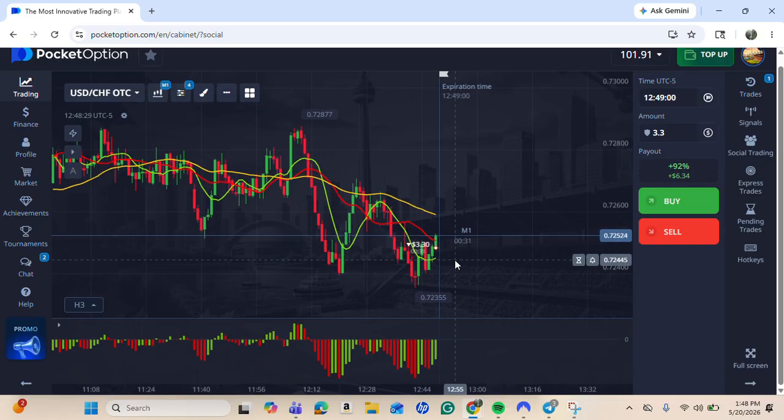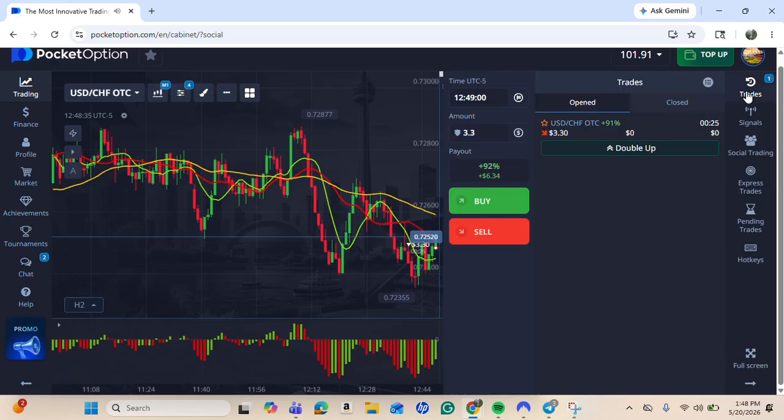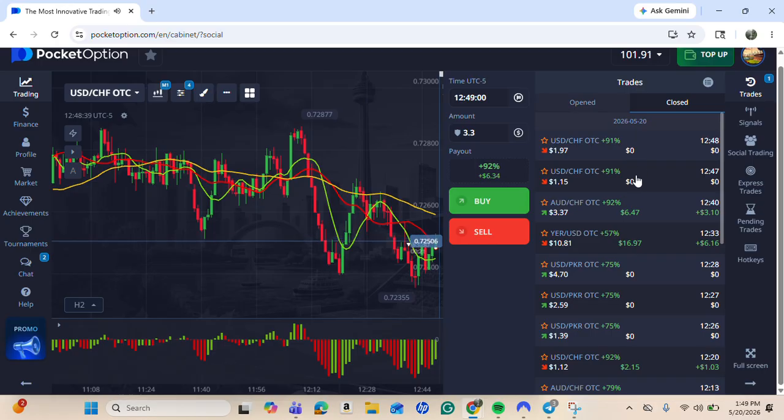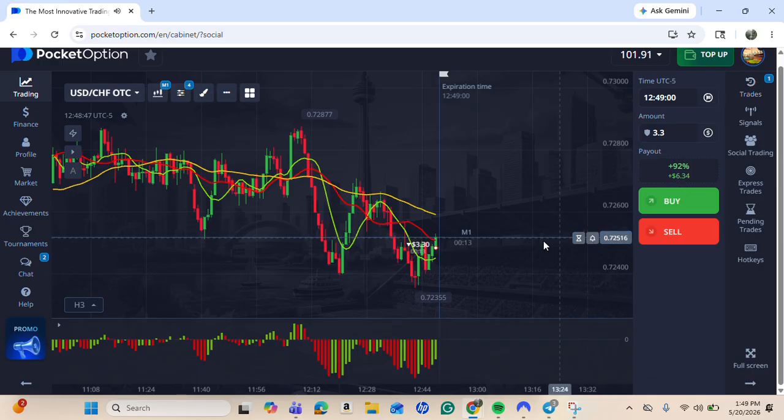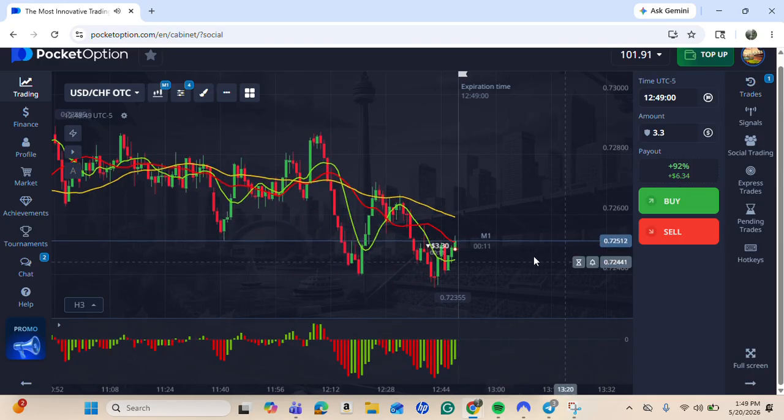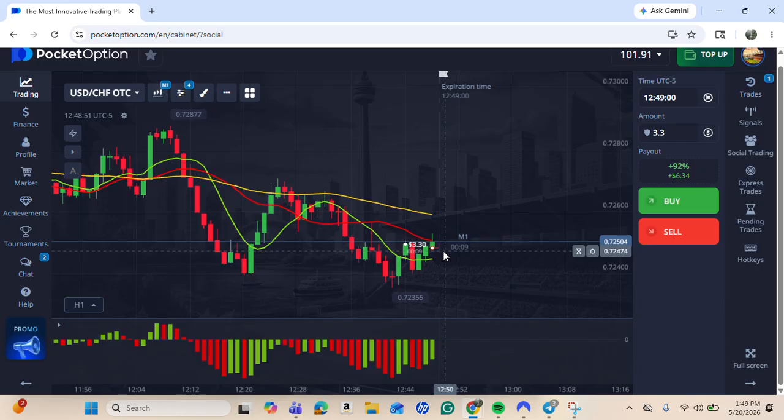But hey, market does what it wanna do. Alright? So as you can see, the bot gave us three chances. One is the first one, second one, and then this is the third one. It gave us three chances. So we're not really doing bad. We're not doing bad. May happen.